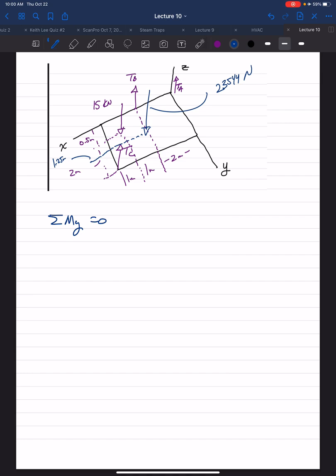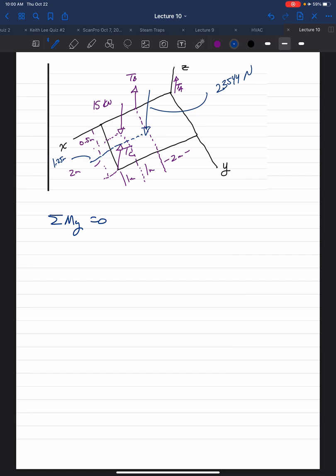TB causes a clockwise rotation about the y-axis, and the perpendicular distance is 2 meters. The 15,000 Newton force causes a counterclockwise rotation. The weight causes a counterclockwise rotation, and the TC causes a clockwise rotation.